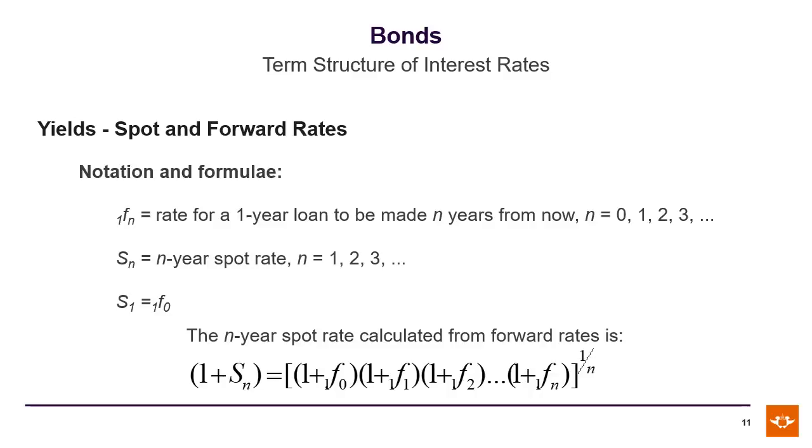So n can be either 0, which means it's an interest rate for a loan being made now, which is the same as a spot rate, or it can be 1, 2, 3, and so forth, and that's the 1-year forward rate for a loan that is going to be made n years from now. Sn is the n-year spot rate, and as I mentioned, S1 is the same as 1F0, that is the spot rate today. And you can calculate the n-year spot rate from forward rates using the formula below.